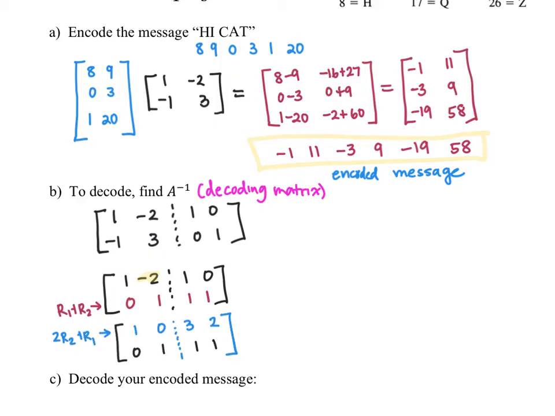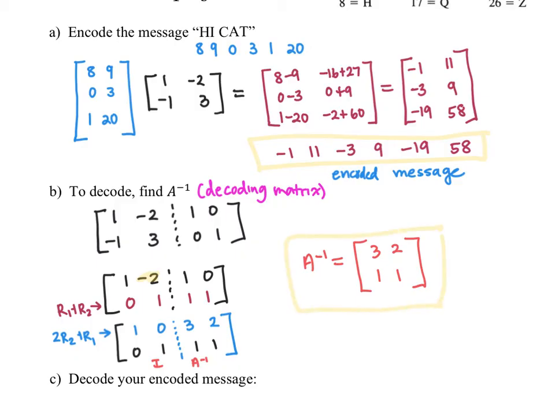Let me check. I actually already have ones along the diagonal, which is perfect. Because this is the identity matrix, this must be my inverse matrix, or my decoding matrix. So to decode it, I'm going to use this inverse matrix.